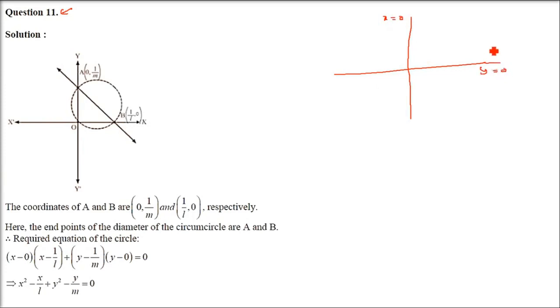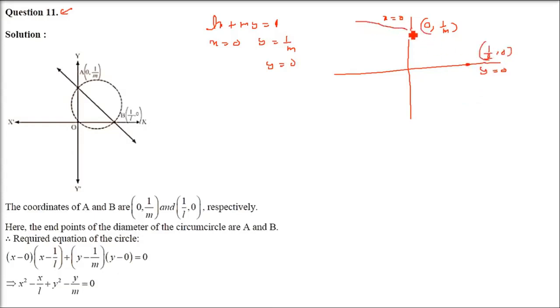So the third line is lx plus my equals 1. When you put x equals 0, y will be 1 by m, so this is 0 comma 1 by m. You put y equals 0, you get x as 1 by l, and 0.